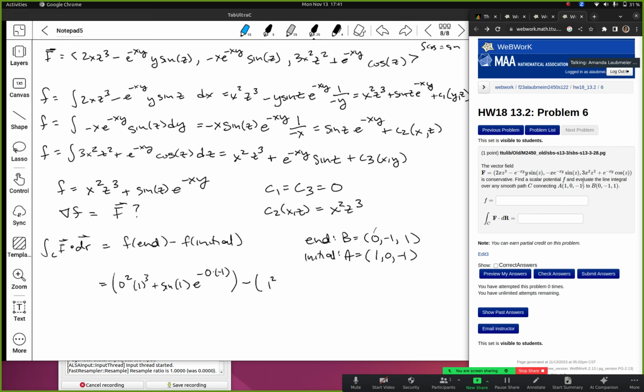Z is minus 1, so that's times minus 1 cubed for that x squared z cubed. Plus sine of minus 1, because that's what z is. E to minus x is 1 and y is 0. So that term is 0.